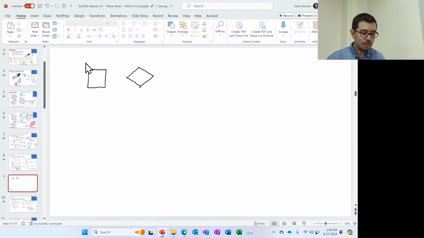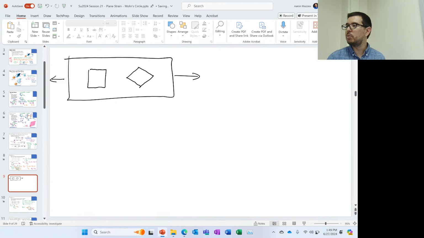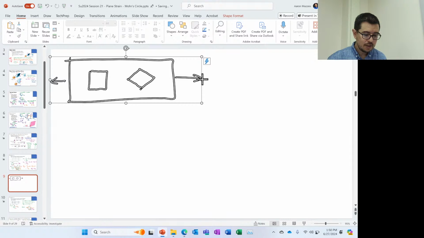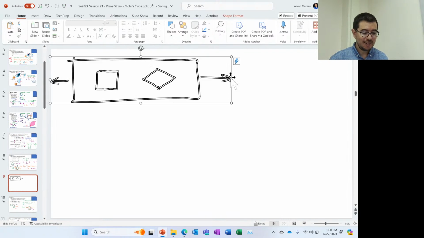So if now I make this a sample where I'm pulling with a force to pull this piece apart, okay? So now the moment of truth. Whoa, okay. All right, so you see that?